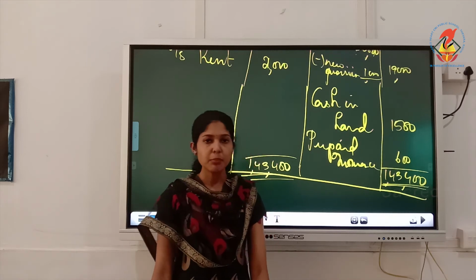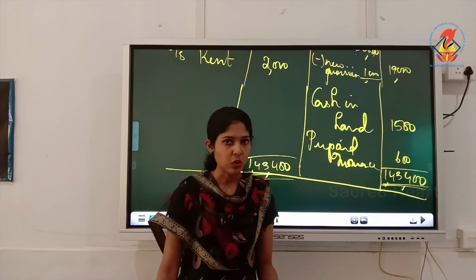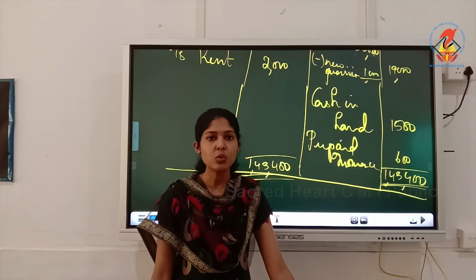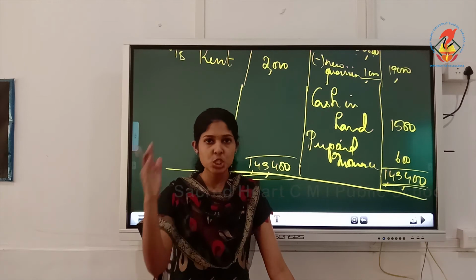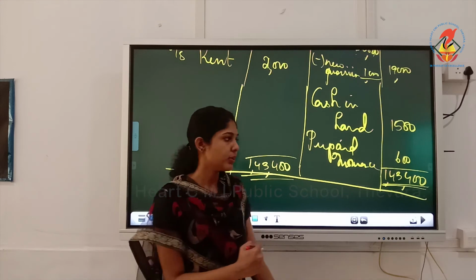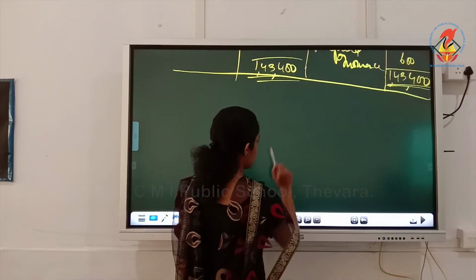Okay, we will start, but I will not be doing the trading account because you know how to do that account and there are no adjustments in the trading account. You must first finish the trading account, then start the P&L. Now I will start with the P&L.